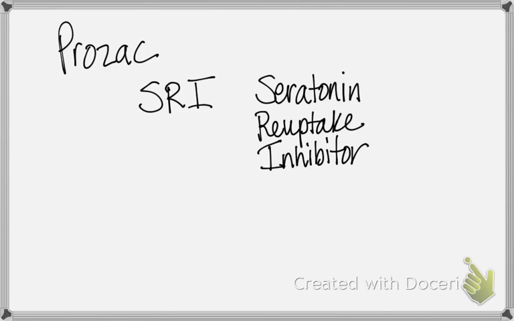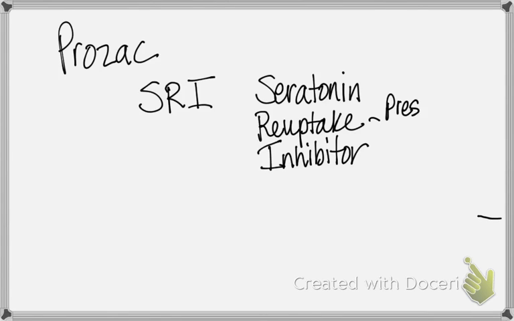So serotonin, you just learned, is the name of a specific neurotransmitter that's involved in happy feelings. Reuptake means that after the presynaptic neuron releases its neurotransmitter, it reabsorbs it and brings it back in. That's called reuptake. Okay?